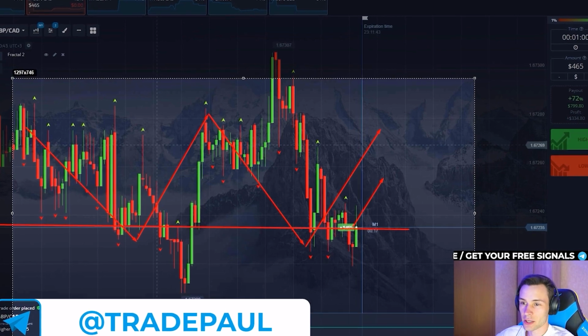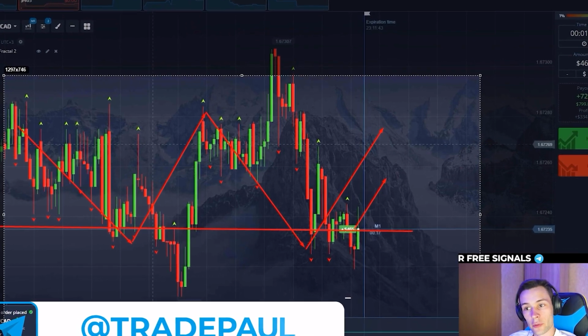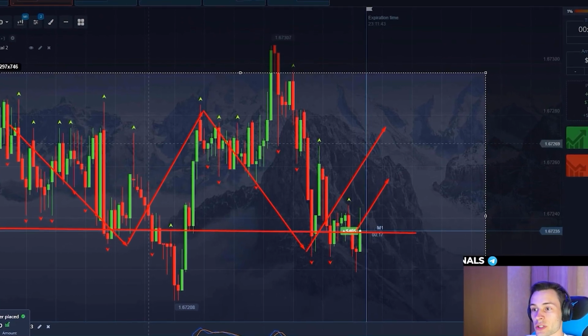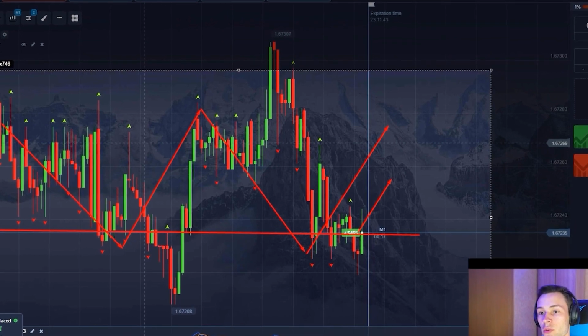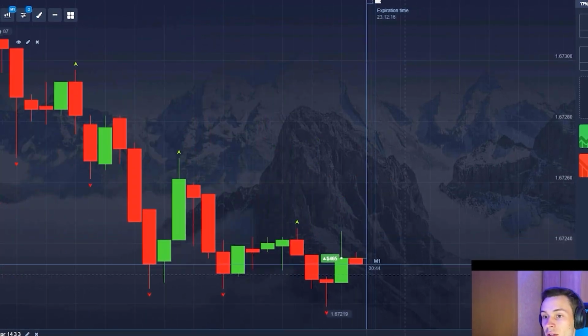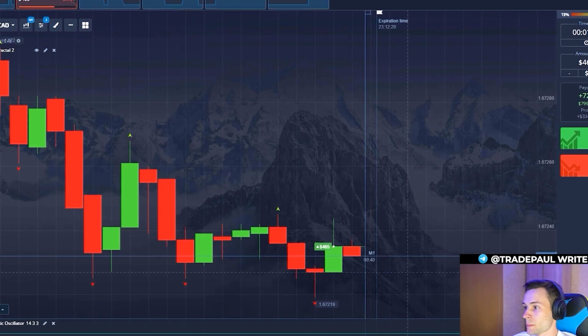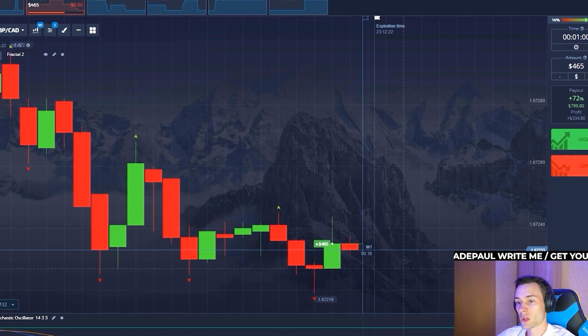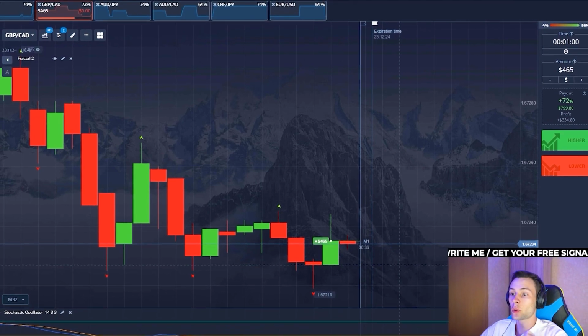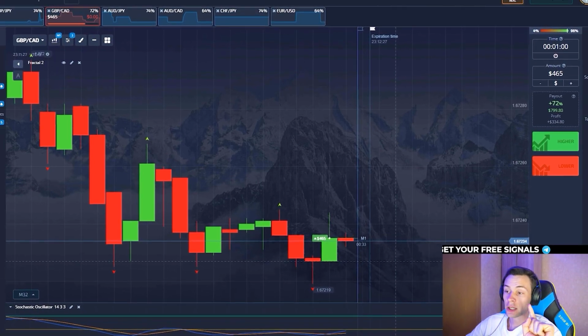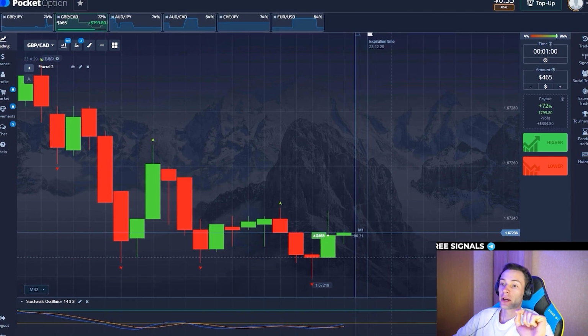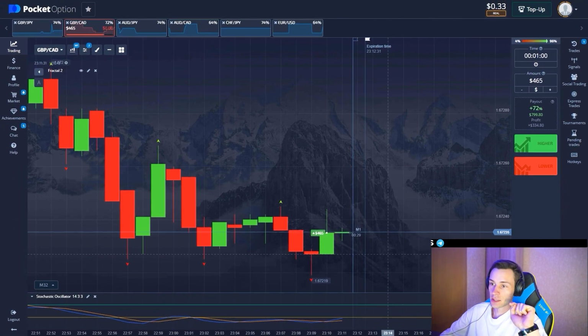Also take a look at the stochastic. The moving averages cross it, which means the upward dynamics is going to take place. There are around 10 seconds left before the closing, and I'm sure that the price will break out probably at the last moment.